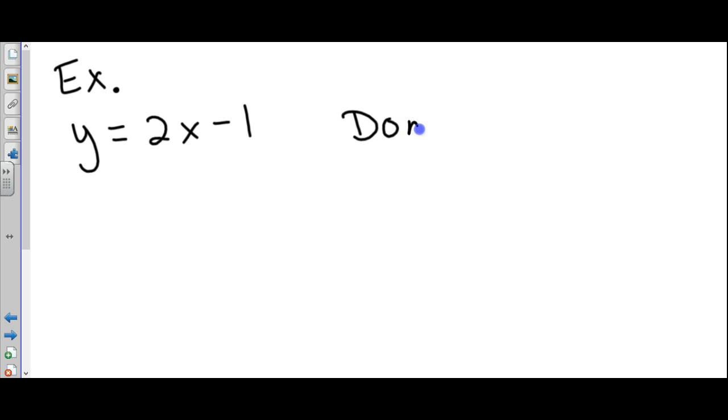The last thing this section may ask you to do is they'll give you an equation, and they'll say the domain for this equation, and they'll list a couple of numbers, 2, 3, and 4. Find the range.